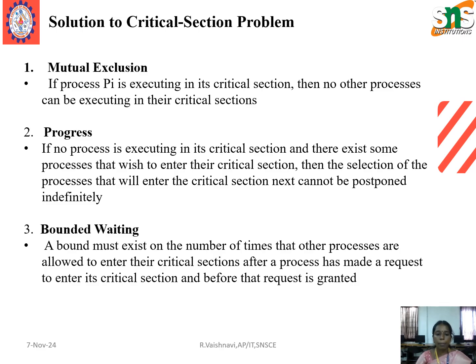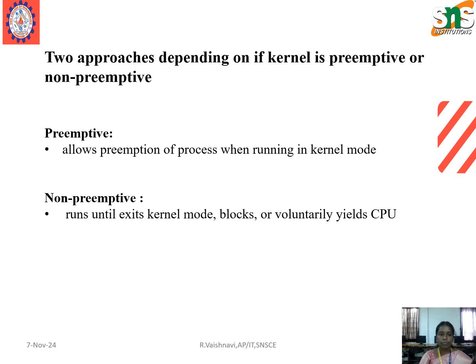Third one is bounded waiting. A bound must exist on the number of times that other processes are allowed to enter their critical sections after a process has made a request to enter its critical section and before that request is granted.